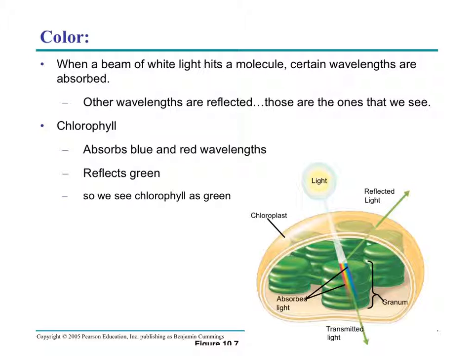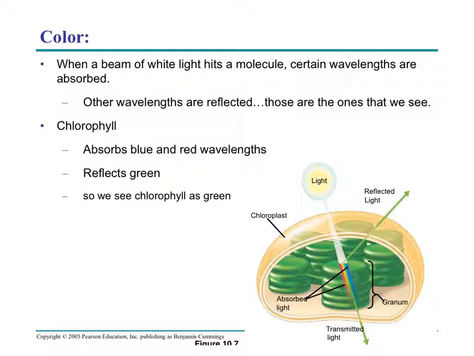And as you can see here, green light is actually reflected. Green light is about 600 nanometers. Red light, yellow light, in that wavelength, those are absorbed. So you see green because those are the wavelengths of light that are being reflected. So chlorophyll appears green because it reflects green light, but it absorbs blue and red wavelengths. So when we view chlorophyll, the pigment chlorophyll, it appears green.